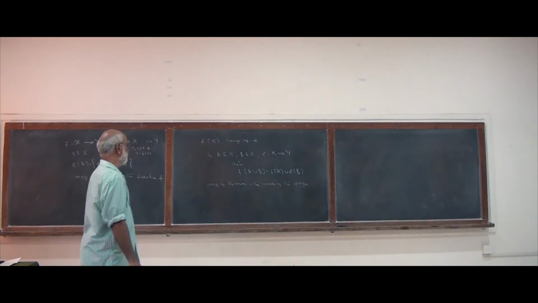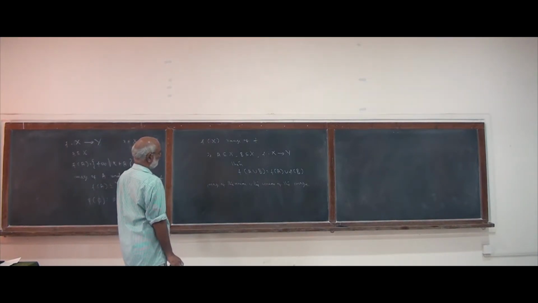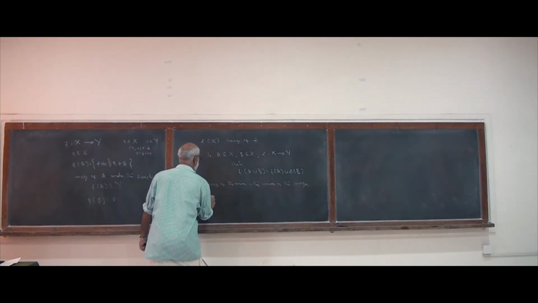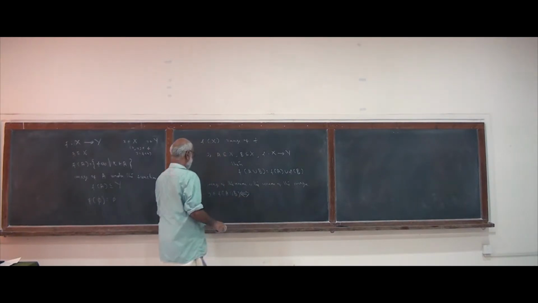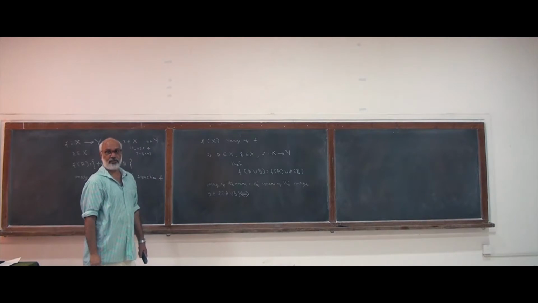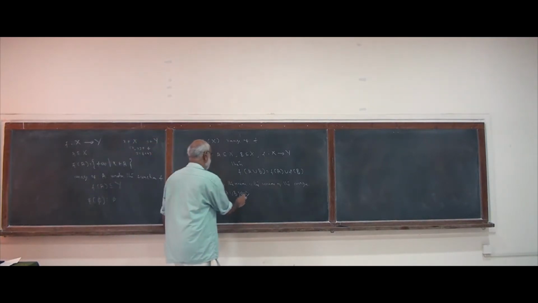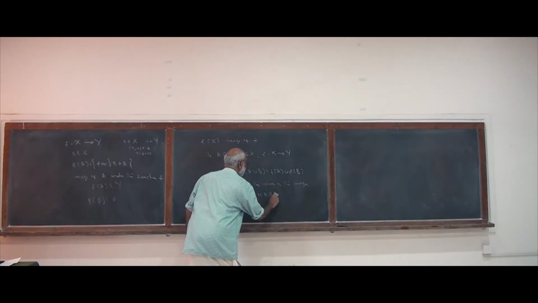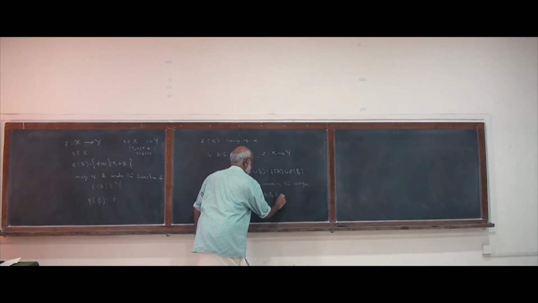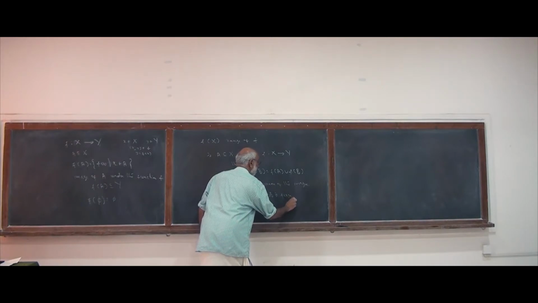How to prove this? Say y is an element of f of A union B if and only if, when y is an element of the image of A union B, there exists an x element of A union B such that f of x is equal to y.